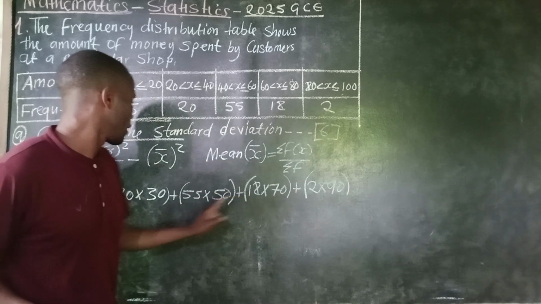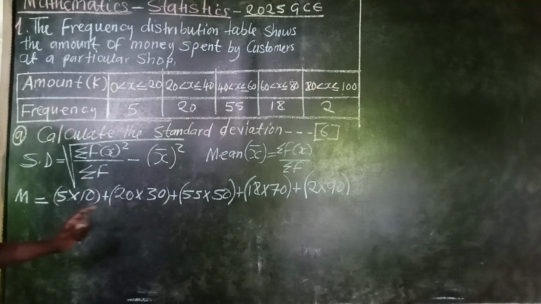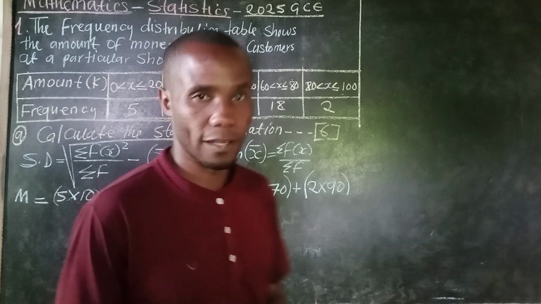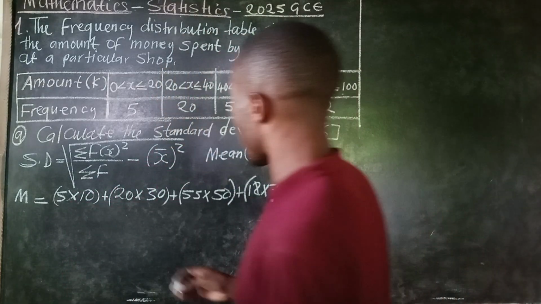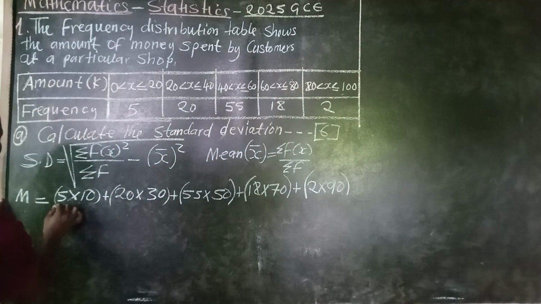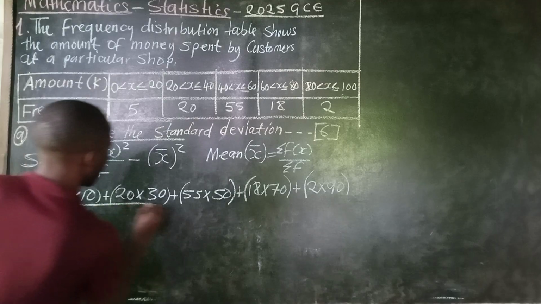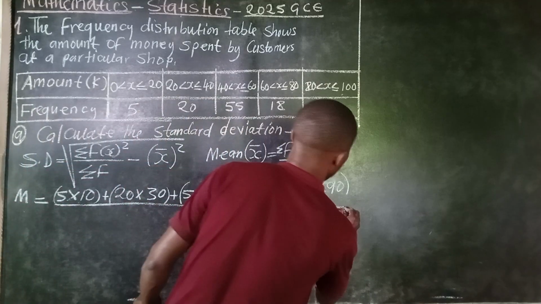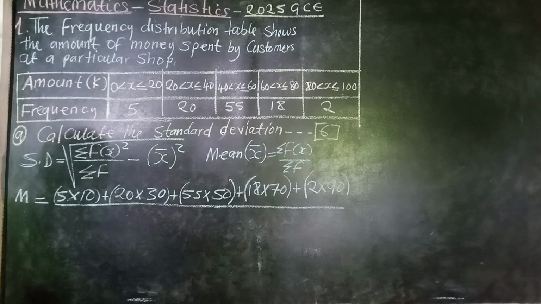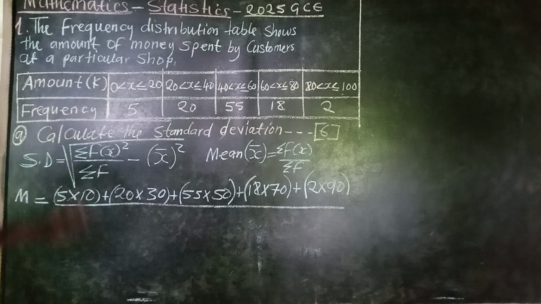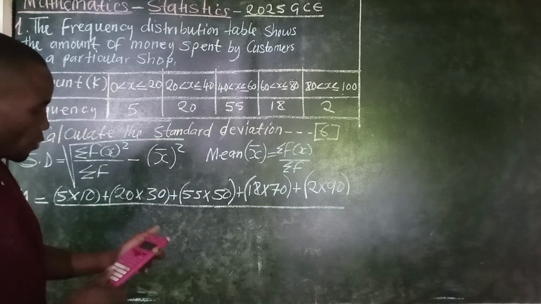Okay, so we are done with the first part, which is the numerator. Summation, meaning that is where you are seeing this plus. Summation simply means add. Okay, so now when you do that, you say over what? The summation of frequency. So summation of frequency, you just add the frequency. That's what it means.